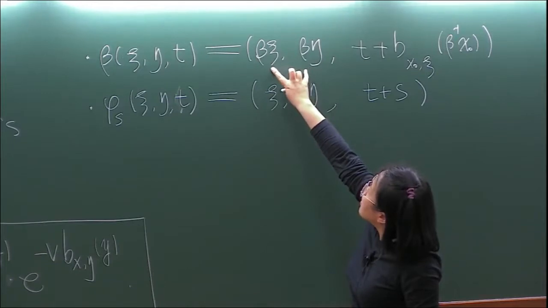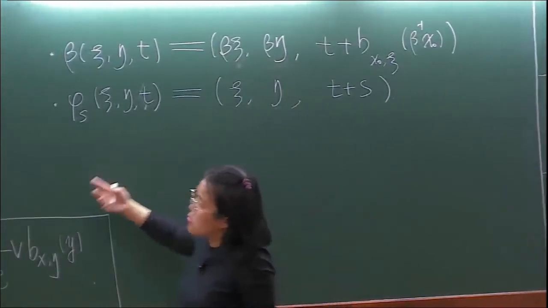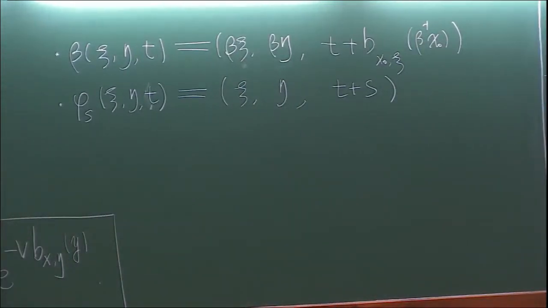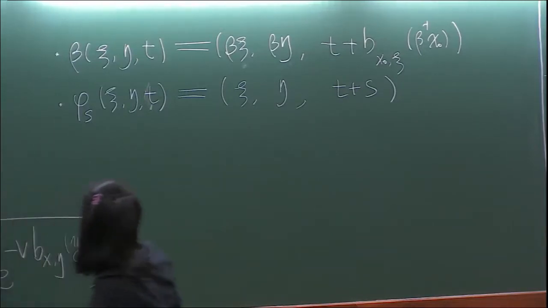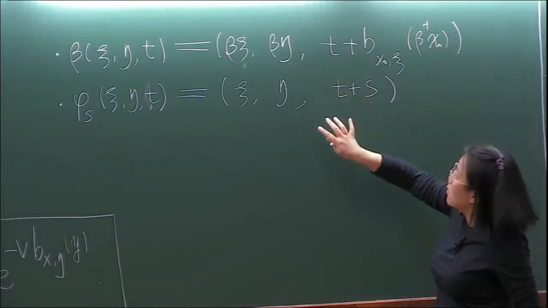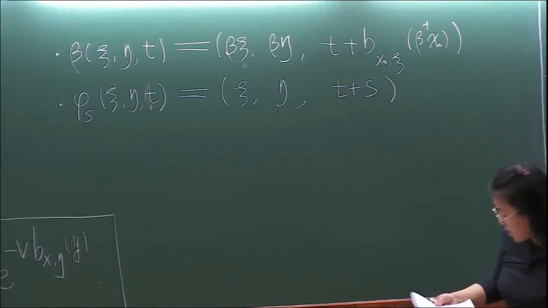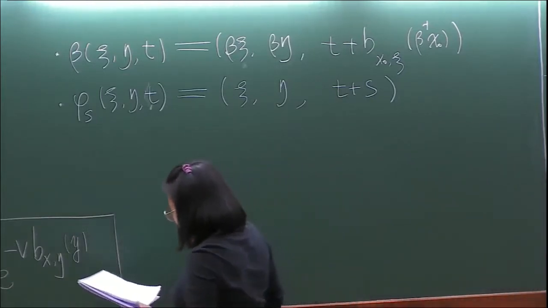Why? Because if you consider the value at gamma c and gamma eta, you can just choose your base point to be gamma x, because this definition is independent of x. And the third point, you only have the shift. So it's invariant by the geodesic.